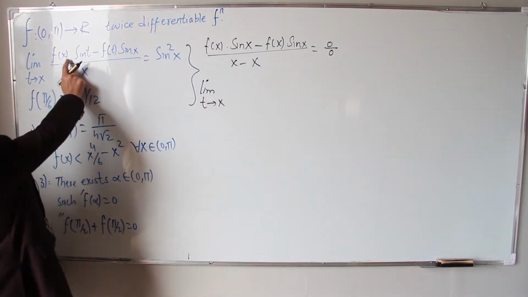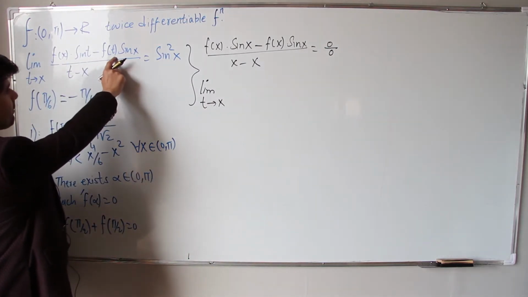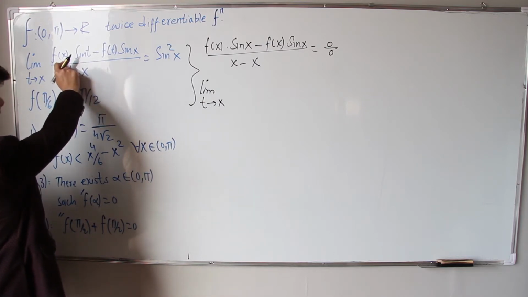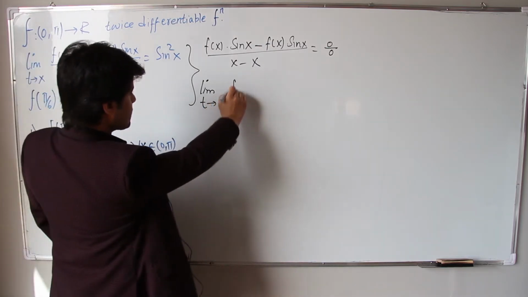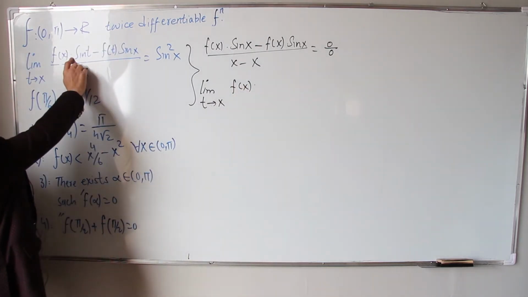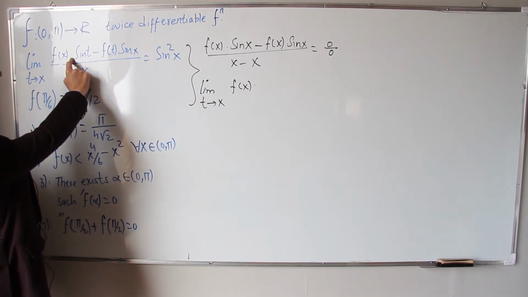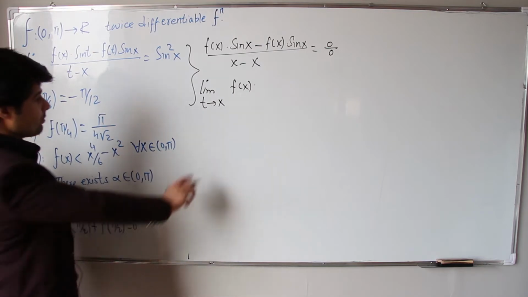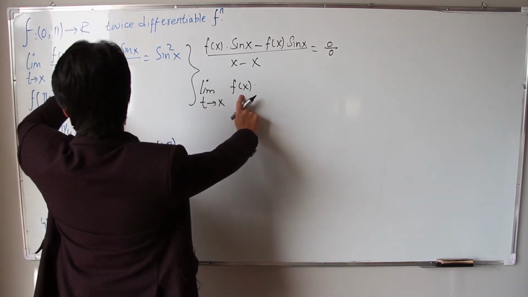Now you have to find the derivative of the numerator. What's the derivative of f(x)? It's a constant. It is f(x), not 0, because it's in a multiplication case. In subtraction and addition the derivative of a constant is 0, so we put f(x). Now this one is the variable.